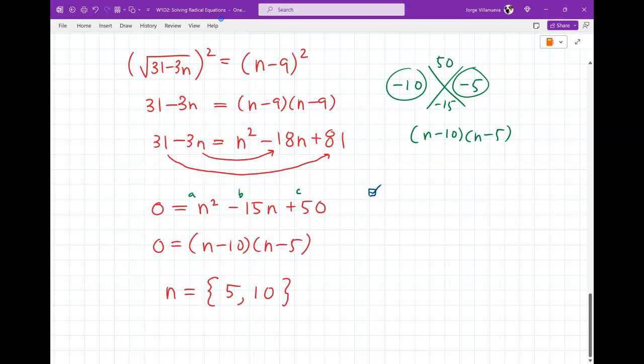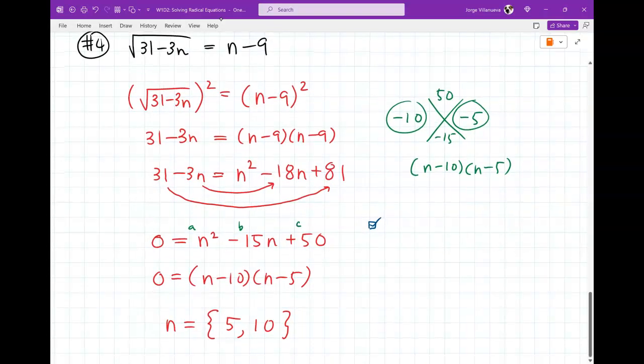All right. If I plug in a 5 into my original equation, which is up there, I'm going to get the square root of 31 minus 3 times 5, that's 15, is equal to 5 minus 9, that's negative 4. Can you see how that's a problem already? Right? Square root equal to a negative number? Not supposed to happen, right?